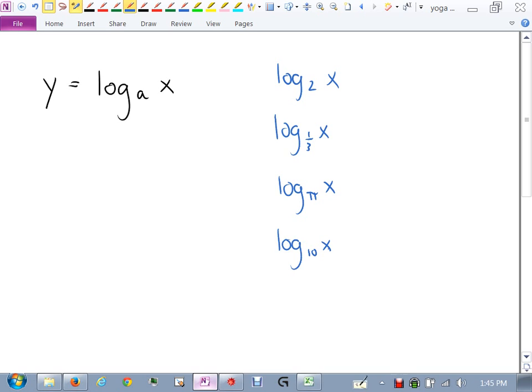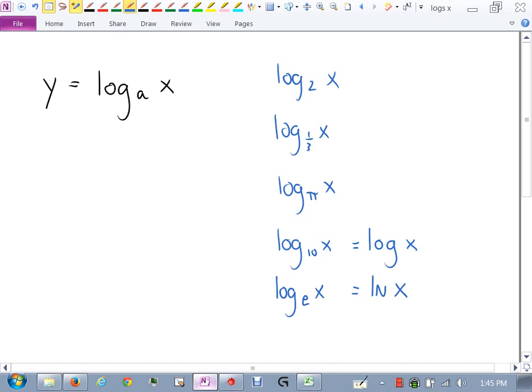But wait a minute. Whenever it was log base 10, they said you don't have to write the 10. Do you remember that? They said instead you just write log x. And then they said if you have log base e, you don't have to write the base. You just write ln x. For all the other logs, you're supposed to put the base there. These are the only 2 special logs that you can use this special notation for. Do you remember seeing that at all?